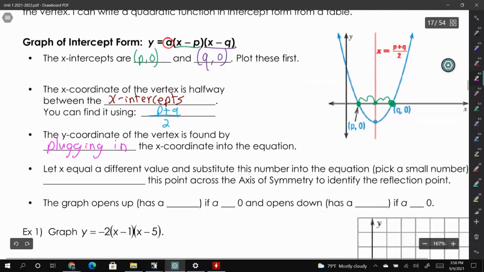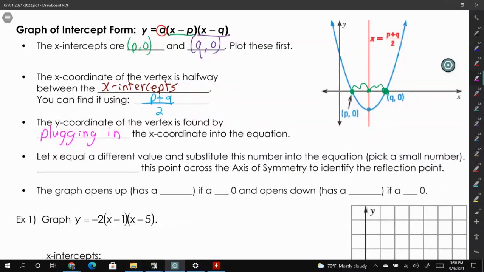and then you want to pick another number, preferably a small number and a number easy to work with, to find out another point on our parabola, and then we're going to reflect that.